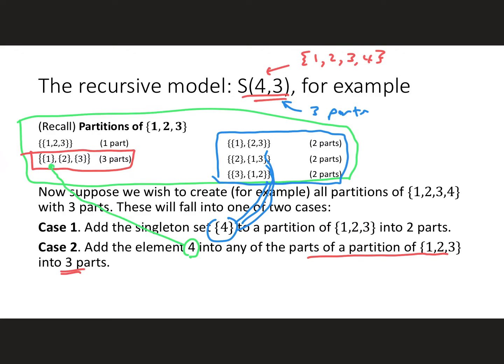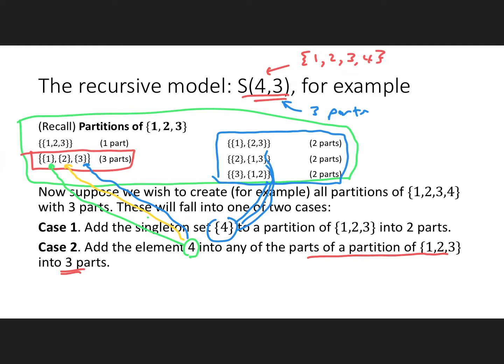So I could add the 4 into the same part as 1, and that'll give me one option. Or I could add the 4 into the part that has a 2, that would be another option. Or I could add the 4 into the part that contains a 3, that's the third option. So I'm not going to do all 3 of those at once, but that gives me 3 different partitions that I could make where the 4 is not by itself.